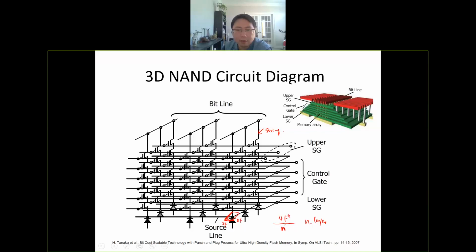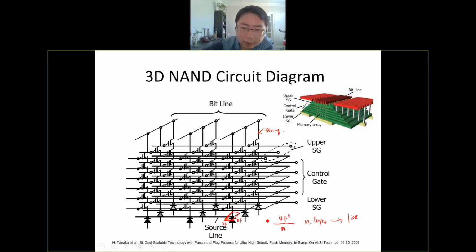And today, what is the number N you can buy from the market? N nowadays is 128. You can buy a 128-layer SSD from the market these days. So you see how aggressive the scaling is. Effectively, you can make this 4F squared divided by 128. And also, the 3D NAND is typically equipped with multi-level cells. You can have 2 bits per cell.